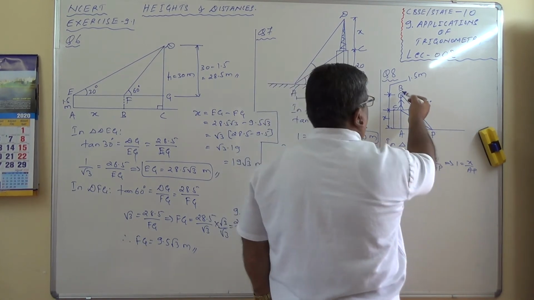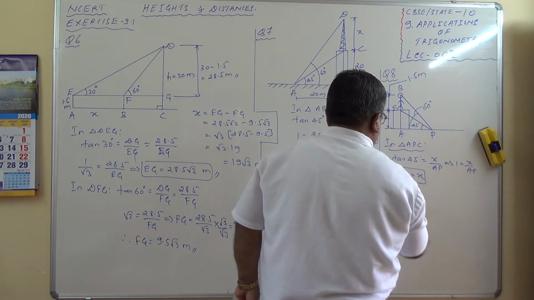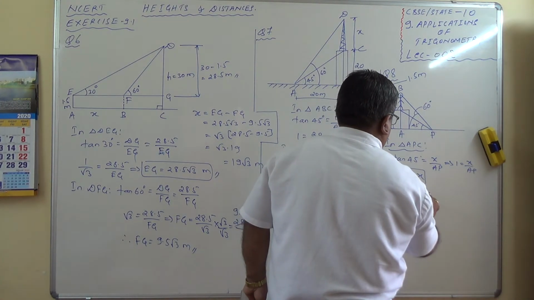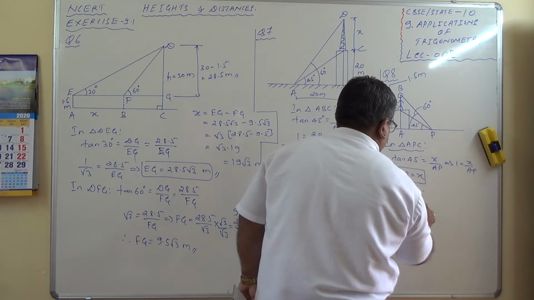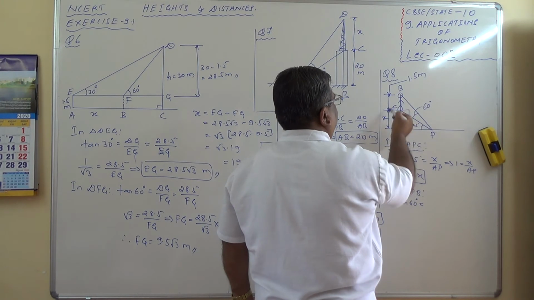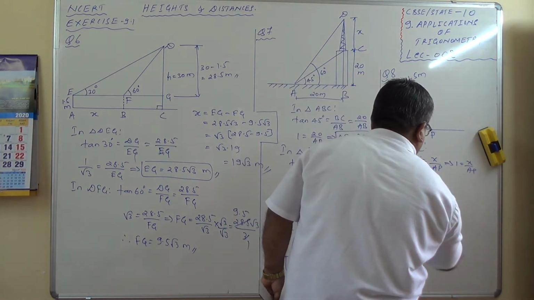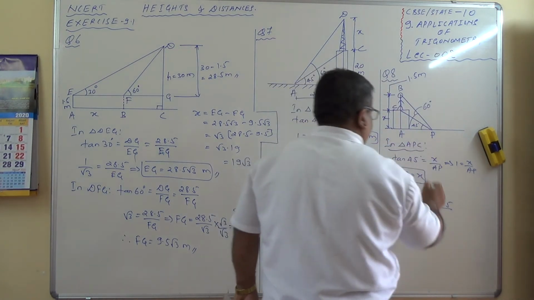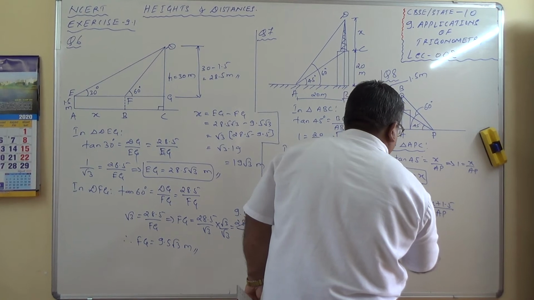Keep it. Now consider triangle APB. In triangle APB, tan 60 degrees equals x plus 1.5 divided by AP. Tan 60 is root 3.